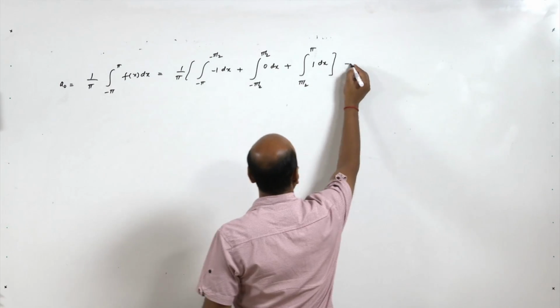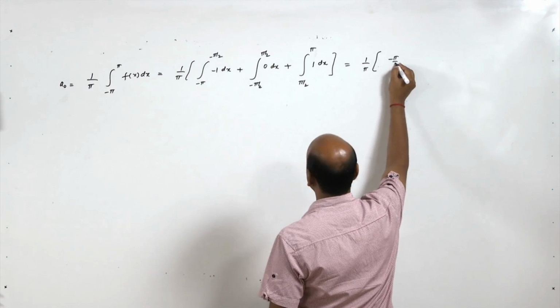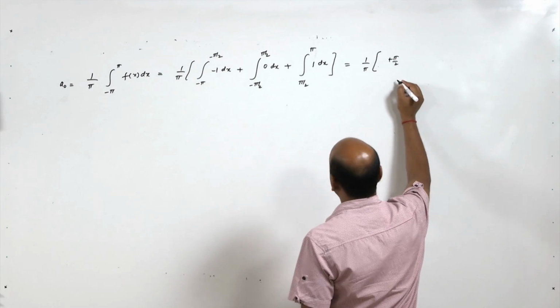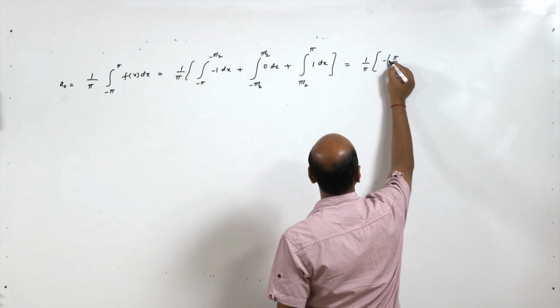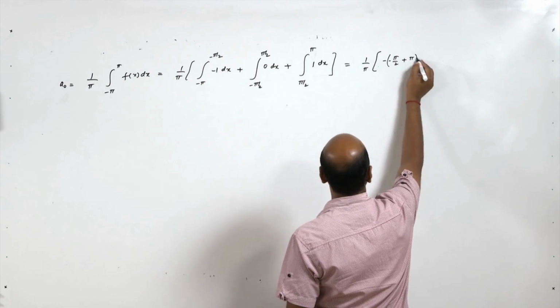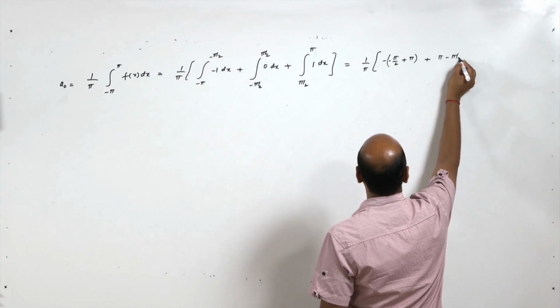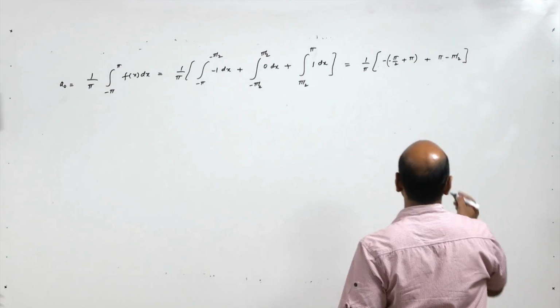So, you can simplify this, it is a very simple thing. Negative will come outside actually, negative of minus pi by 2 minus plus pi, and it is 0, it is pi minus pi by 2, and when you simplify it, it is 0.